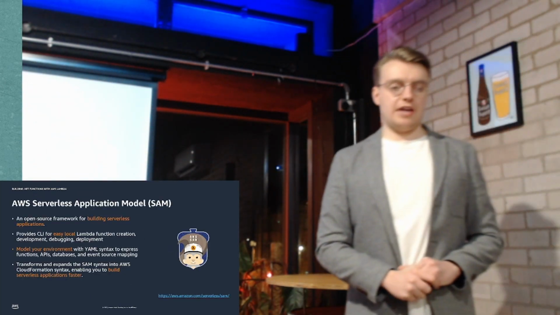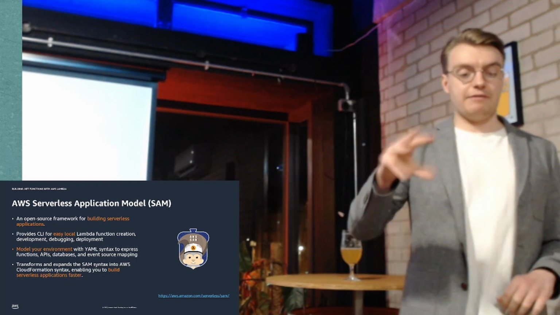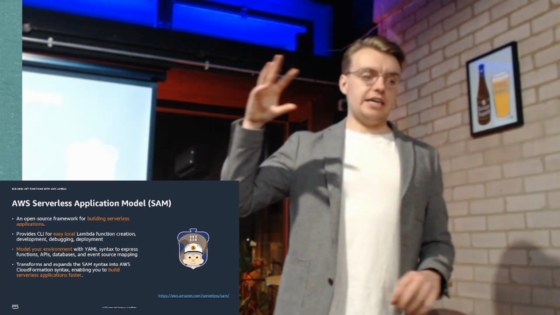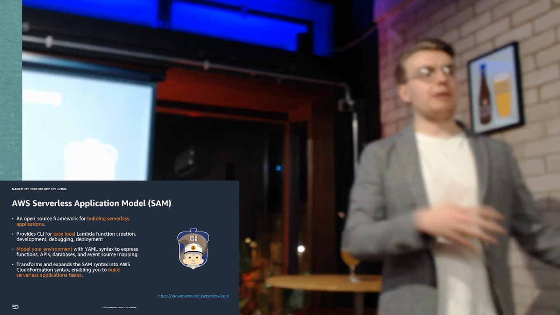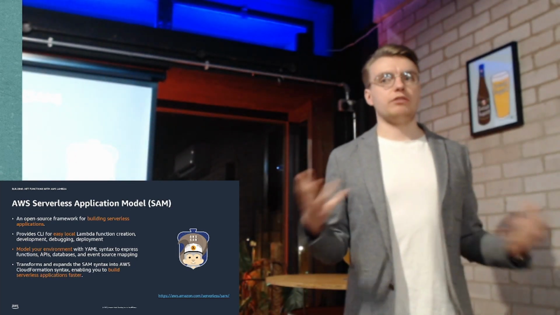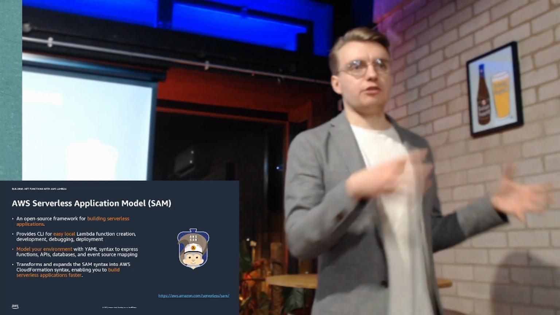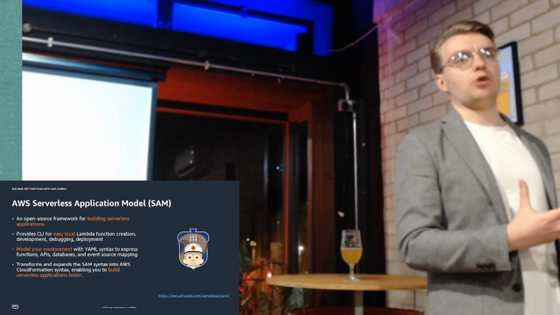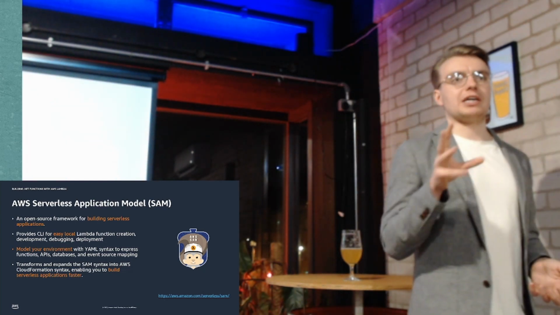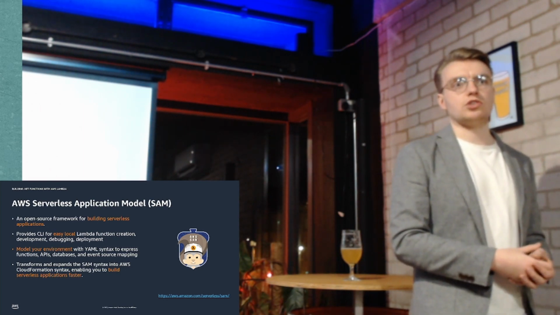So let's start with AWS SAM, or the serverless application model. Now, aside from having a really cute mascot, the serverless application model is an open source framework that helps you define serverless applications. There's two parts to SAM. The first part is a set of extensions that run on top of CloudFormation. If you're not familiar with CloudFormation, CloudFormation is the AWS infrastructure as code service.